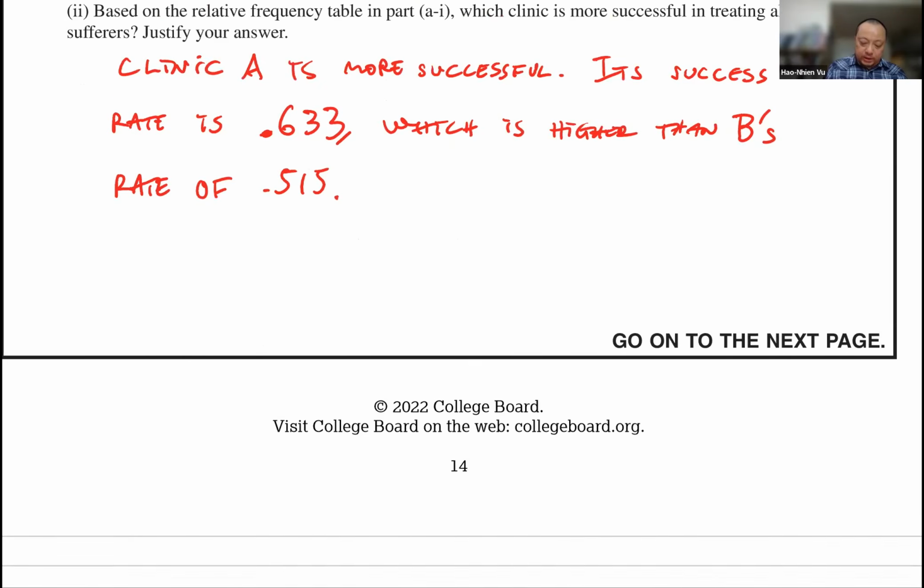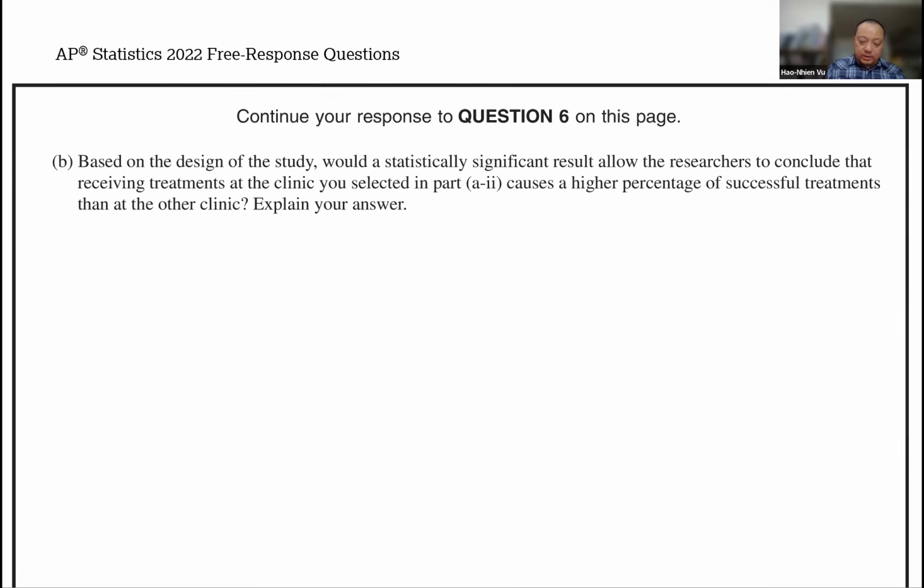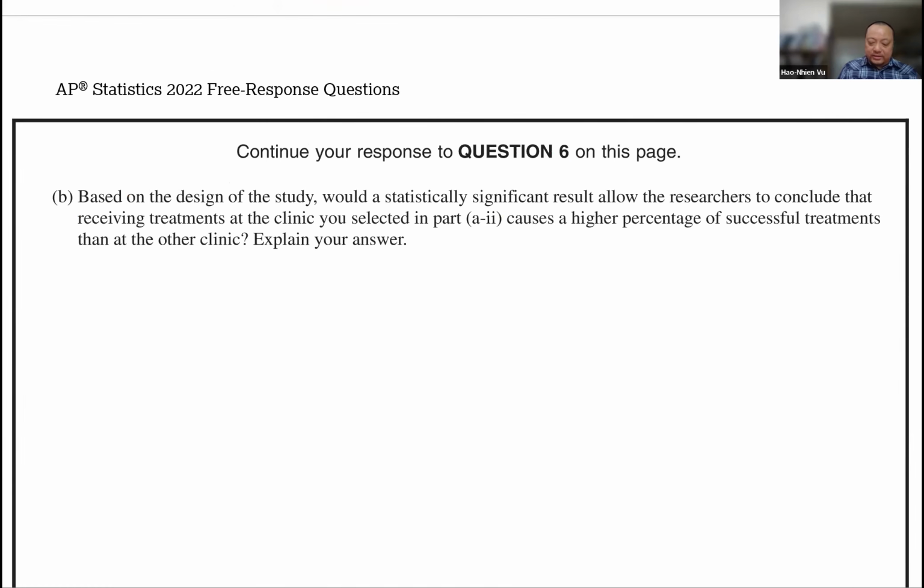Okay, continuing on. Based on the design of the study, would a statistically significant result allow the researchers to conclude that receiving treatments at the clinic you selected in part A II, that will be clinic A, causes a higher percentage of successful treatments than at other clinics? Oh yeah, you see this, and that would be a keyword, because some studies allow you to prove causation and other studies don't.